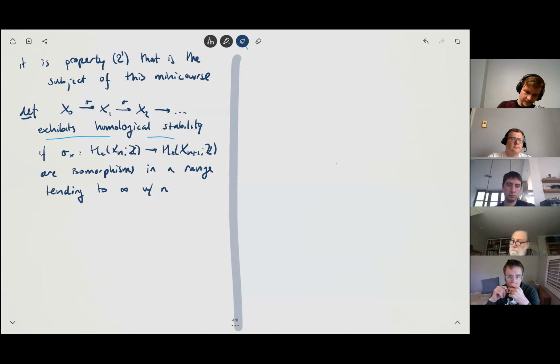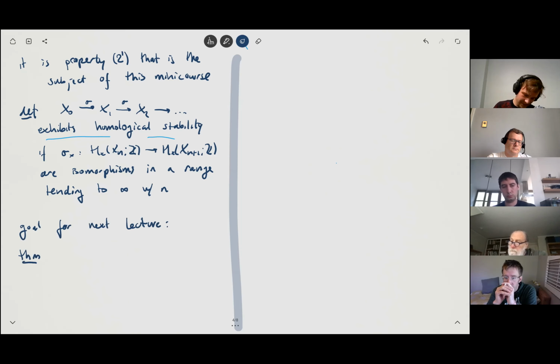Okay. Now, in practice, you're going to want to give an explicit formula for this range. Makes it easy to apply such a result. There are some examples where you maybe want to vary the coefficients. We'll talk about that in the next couple of lectures. Okay. So the goal for at least the next lecture and a half is the following theorem.